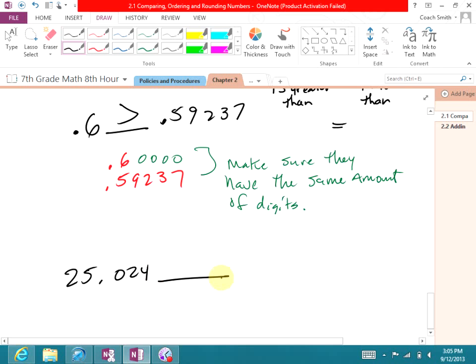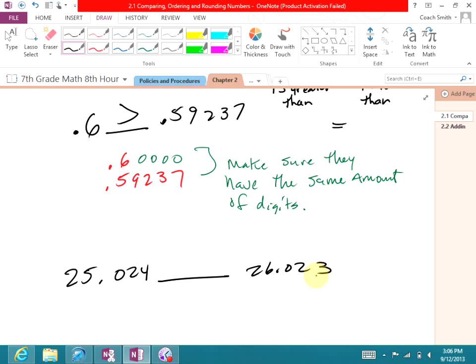25.024 and 26.023. Okay, which one's larger?